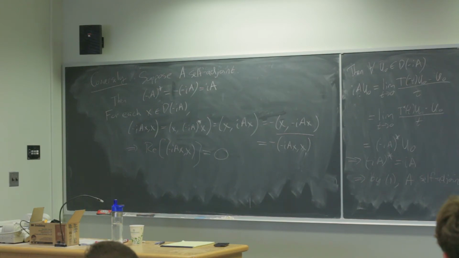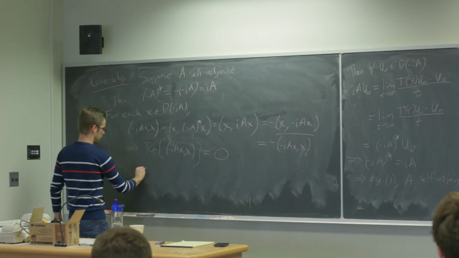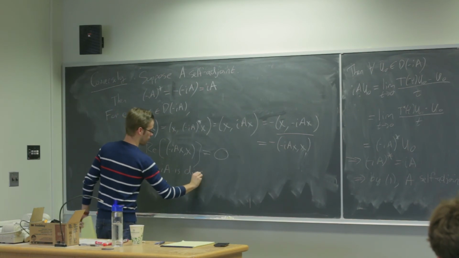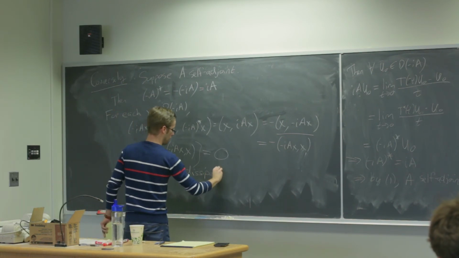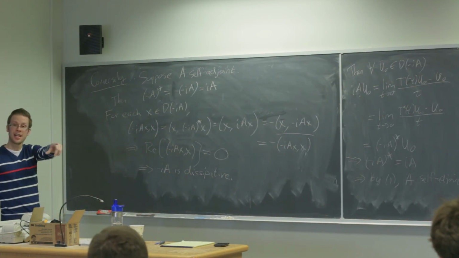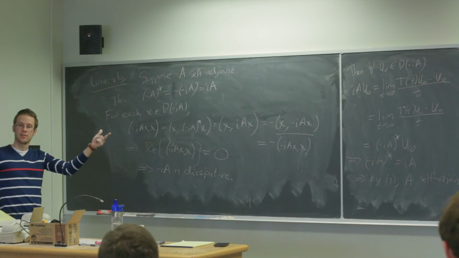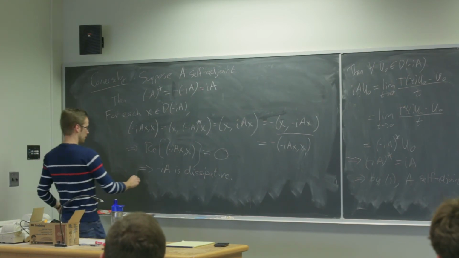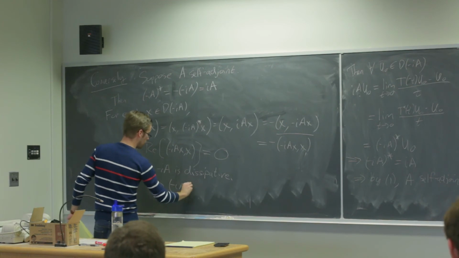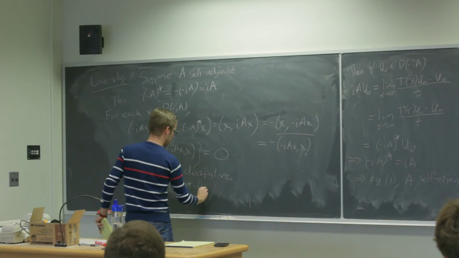This tells me that minus IA is dissipative. But since this is equal to 0, like we were saying before, push it to the adjoint now. This tells us that minus IA star is also dissipative.